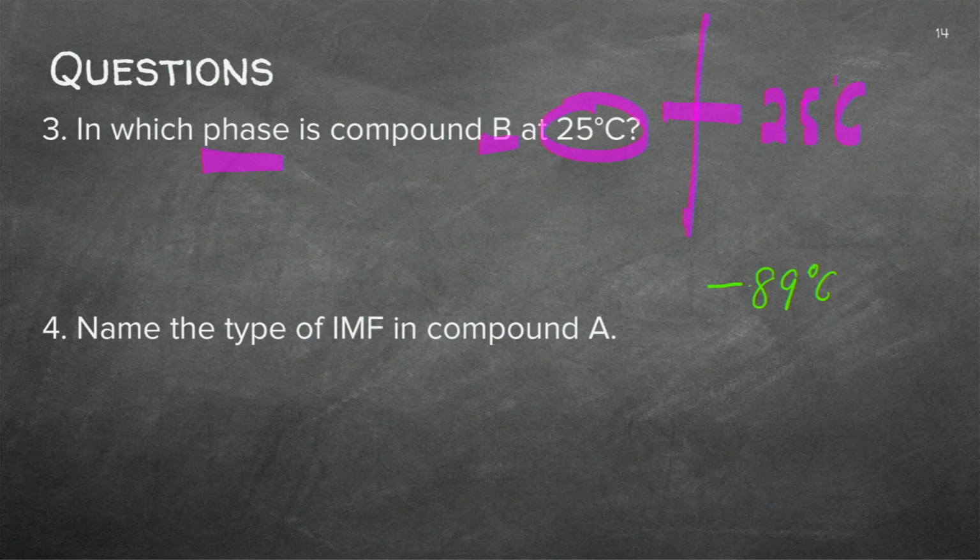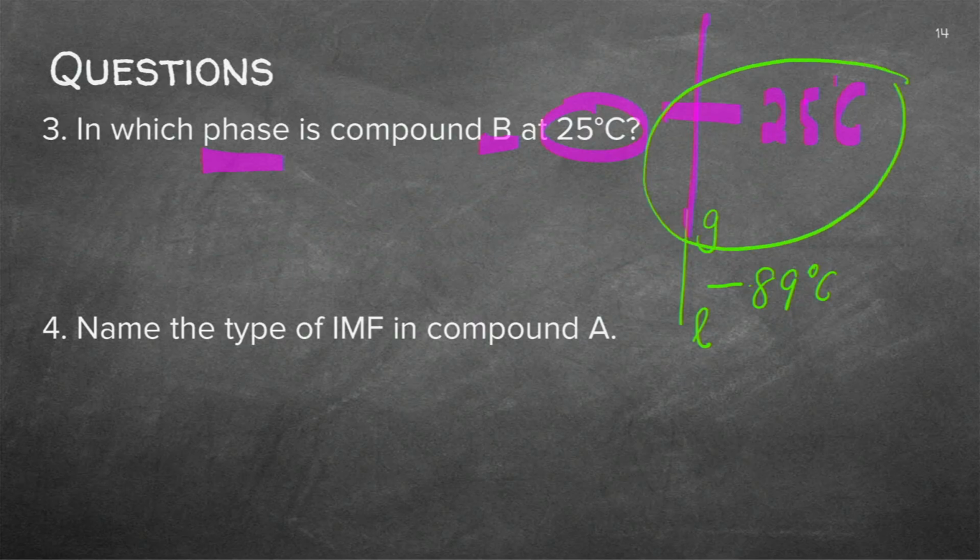Boiling means going from a liquid to a gas. So what is the phase at 25? At 25, it is a gas. It's already boiled into the gas phase.